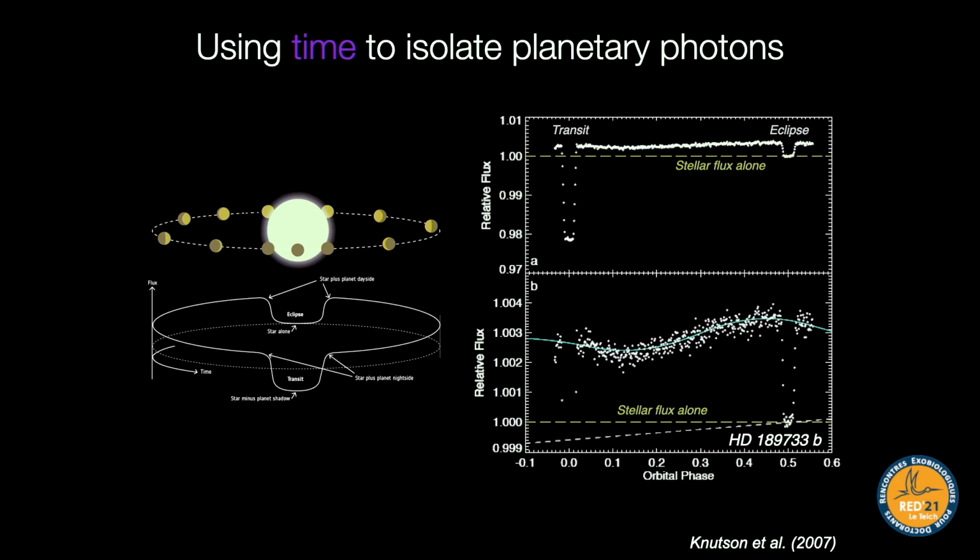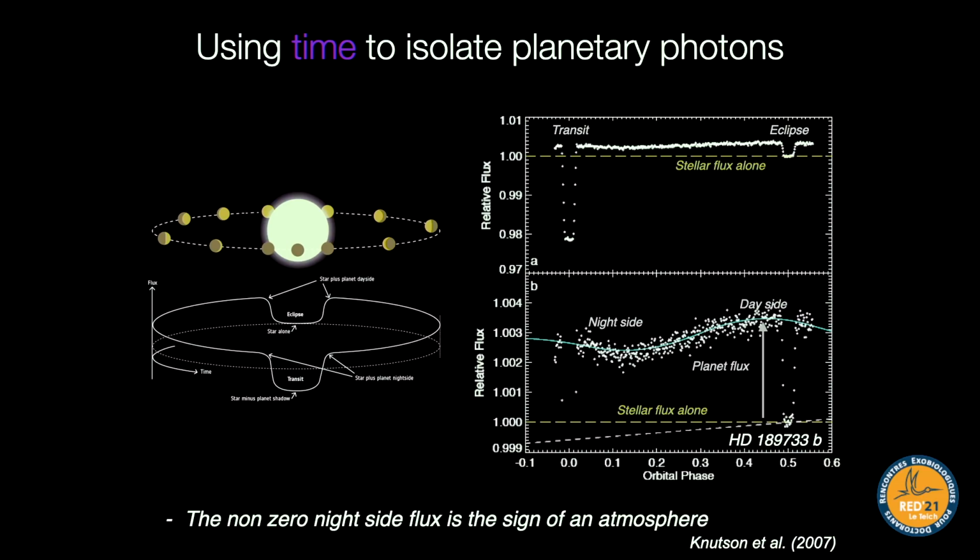As I said, it's because we now see progressively more and more the day side of the planet. And then during the eclipse on the right, you see that the light from the planet disappears because the planet disappears behind the star. And we have this reference point where we have only the luminosity of the star.